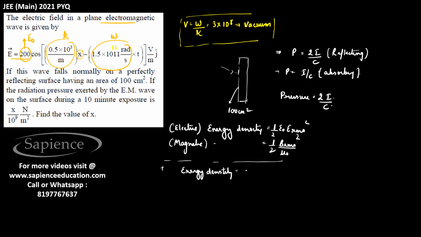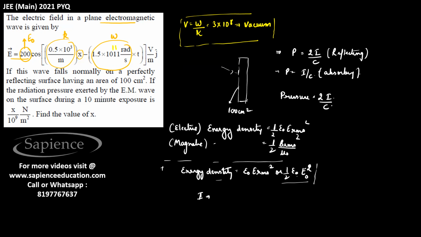And you can directly write it like epsilon naught E RMS square or half epsilon naught E naught square. You should take care that if you are writing total energy density, you should make sure that you use half epsilon naught E naught square or epsilon naught E RMS square. And what is the relationship between intensity and pressure?